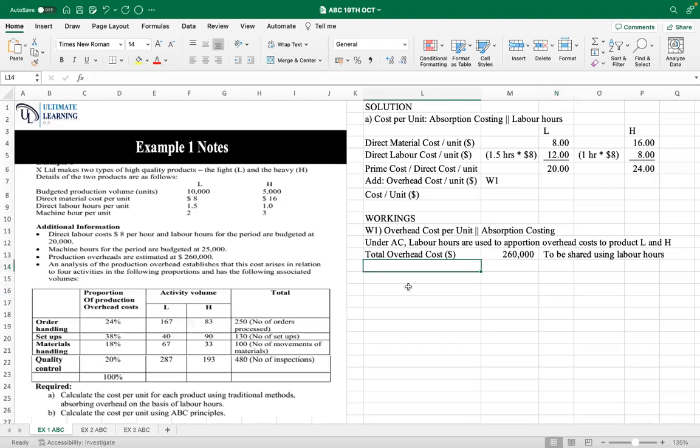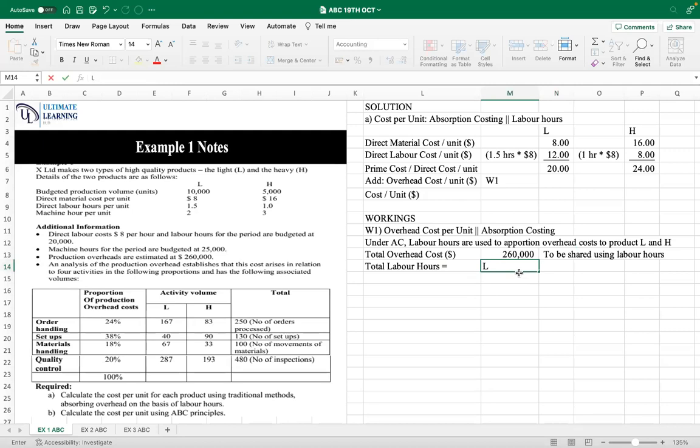Now, what are the total labor hours? For product L, the total labor hours are 1.5 hours per unit times the number of units, 1.5 times 10,000 units.